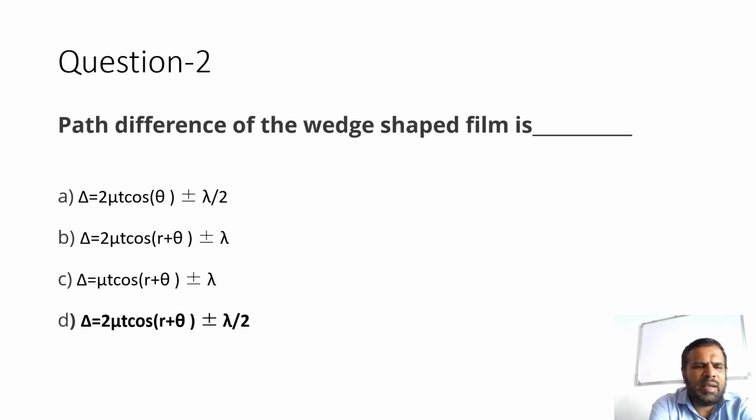Option C, delta is equal to 2 mu t cos of (r plus theta) plus or minus lambda. Option D, delta is equal to 2 mu t cos of (r plus theta) plus or minus lambda divided by 2. The correct option is option D, delta is equal to 2 mu t cos of (r plus theta) plus or minus lambda divided by 2.